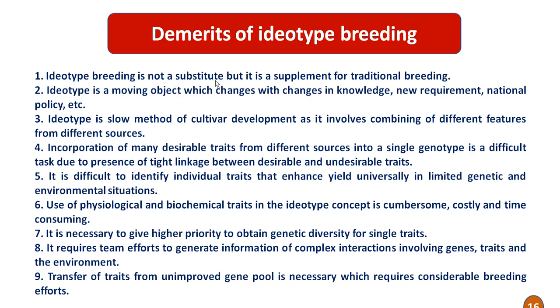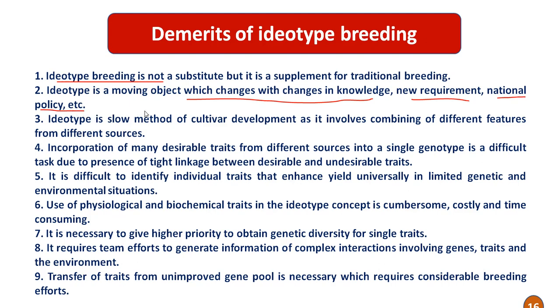As we saw earlier, ideotype breeding has some advantages, but despite that, it is not a substitute for traditional breeding, but a supplement to it. Then ideotype is a moving object which changes with changes in knowledge, new requirements, national policy, etc.